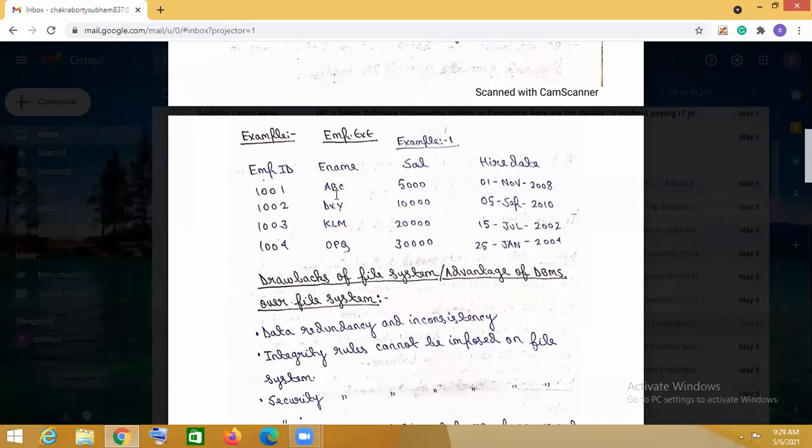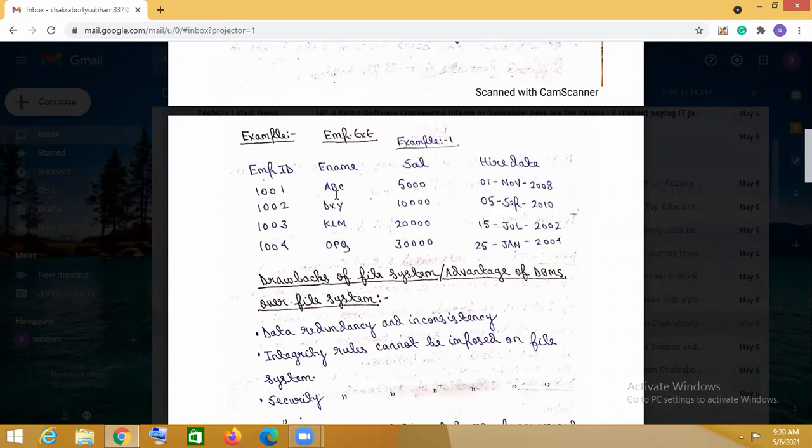Next, integrity rules cannot be imposed on the file system. Integrity constraints are the set of rules to maintain the quality of the information, and they cannot be imposed on the file system.